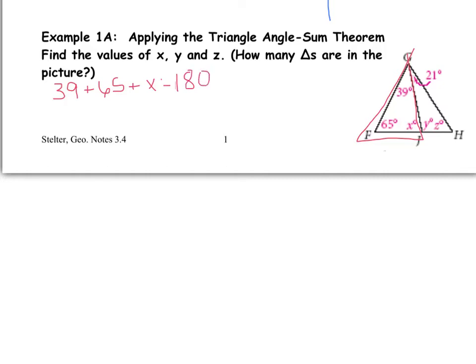So if you subtract that, you should get 76. 180 minus 39 minus 65. On your calculator, you should get 76.